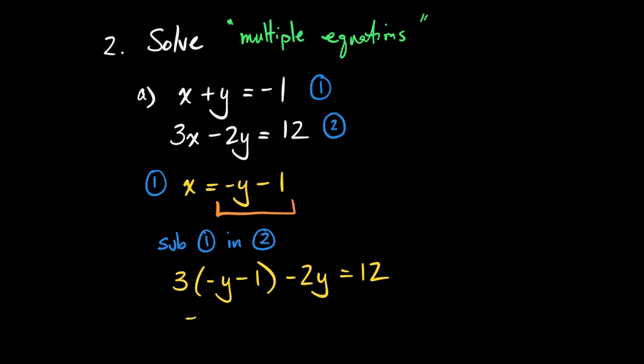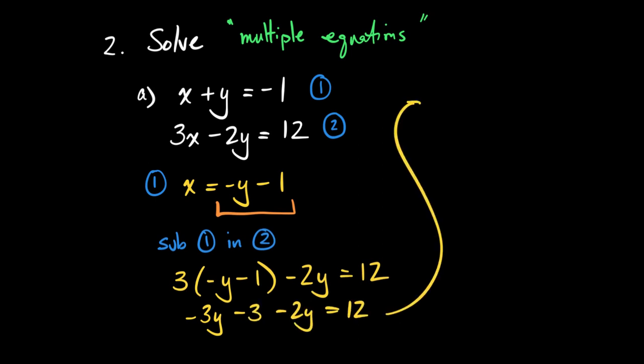We could go through and expand our brackets. We could then continue on, put together our variables into one variable term, get our constants together, and now we could go through and isolate our variable. There we go.